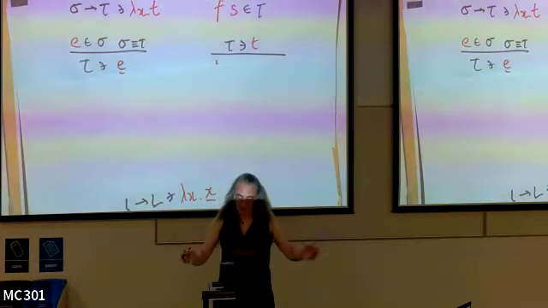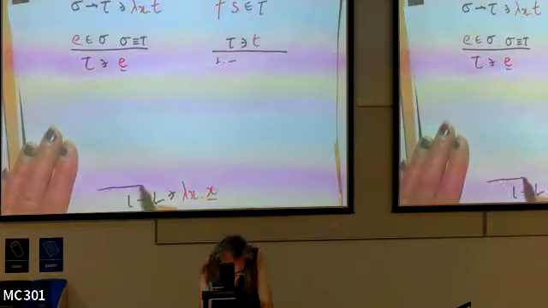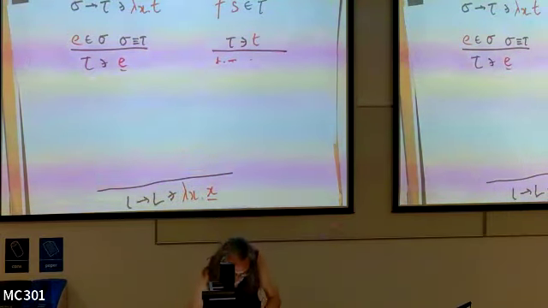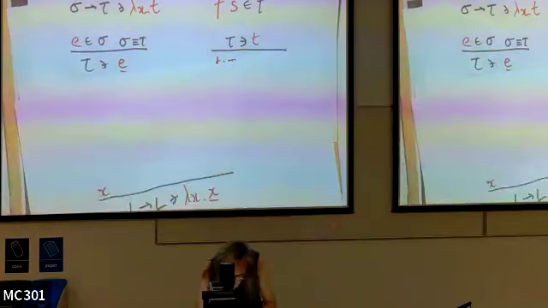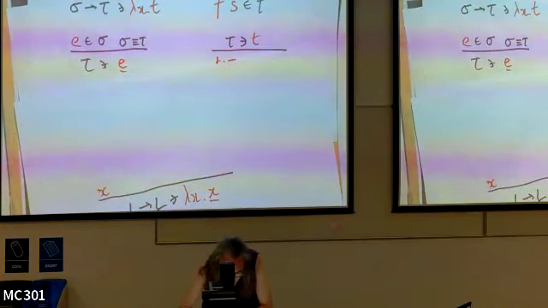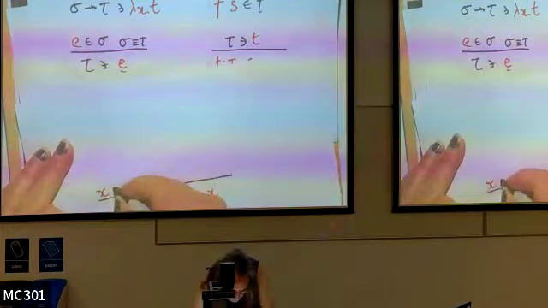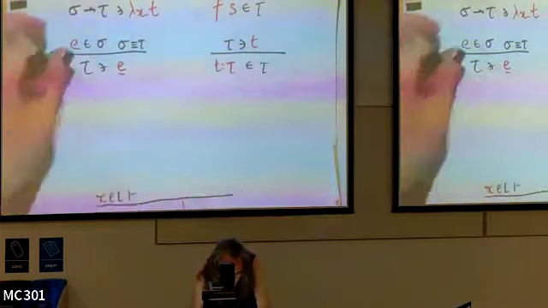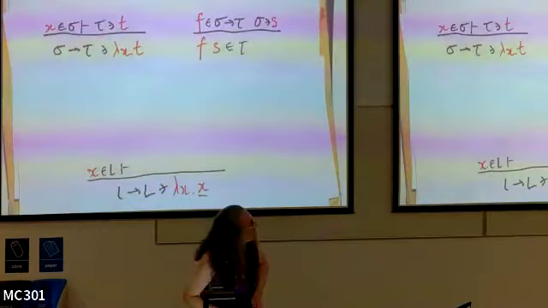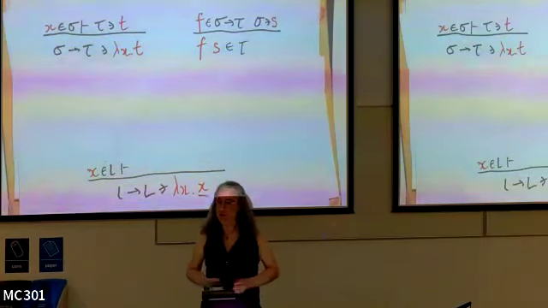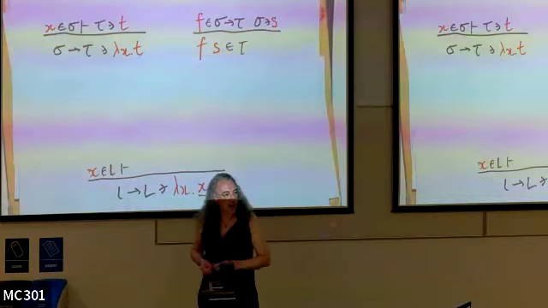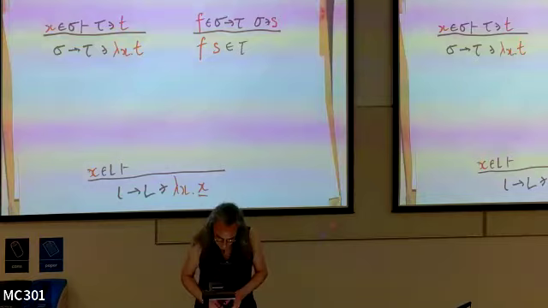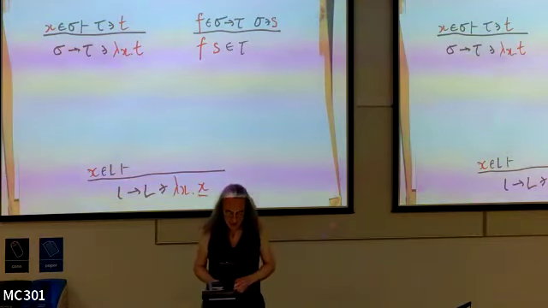So, only one game in town, the lambda rule. I acquire a hypothetical: x is in iota. Right, so now I have to check.